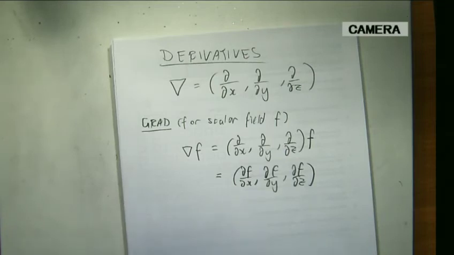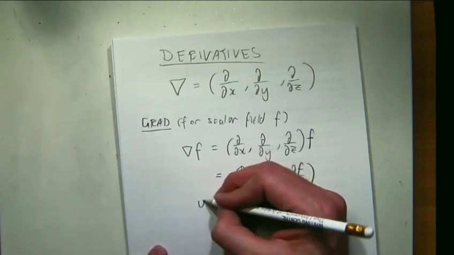Lovely. And this is the same as the grad f that was back at the very end of Maths 1b, and it tells you two things. It can help you to find a directional derivative, and it can help you to find the normal vector to a surface. So if you have a level surface, it will tell you the direction of the normal vector. So you've got two things it's useful for.